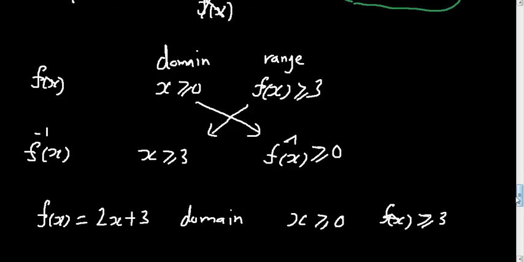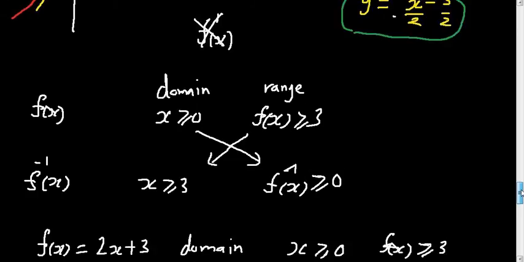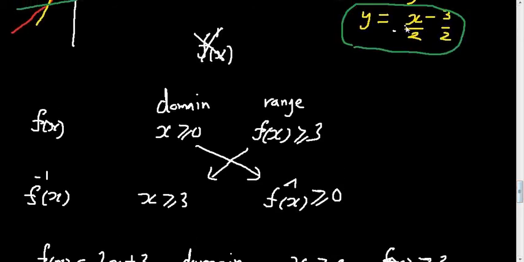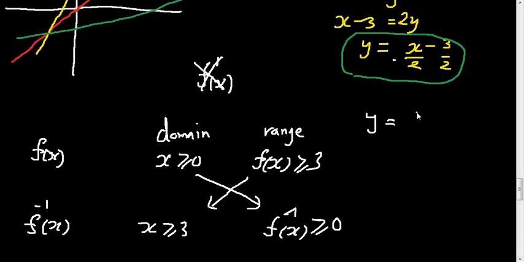Now let's see how that looks when we sketch it. The inverse function is y is equal to x by 2 minus 3 by 2. I've got to start sketching that function when x is equal to 3. So when x is equal to 3, when I substitute that in, I think I didn't do that properly there.